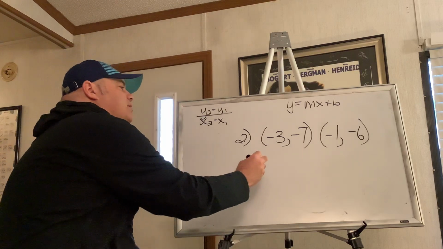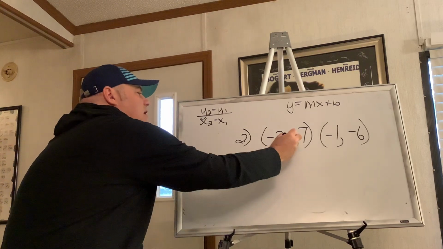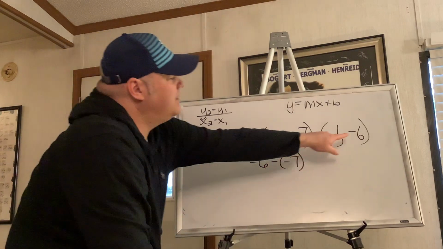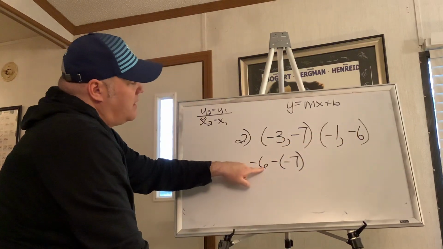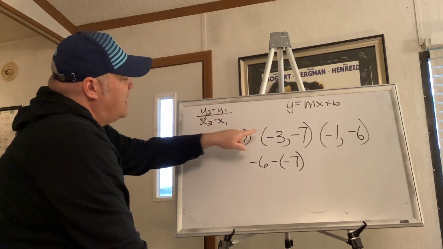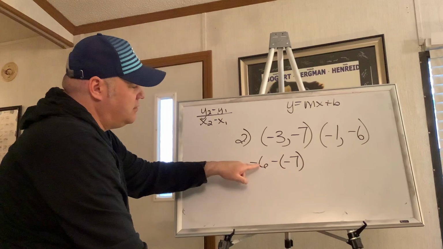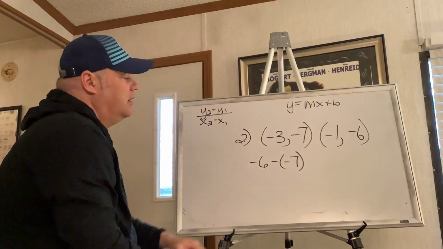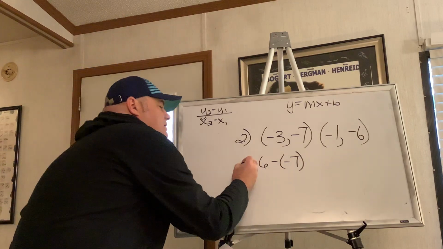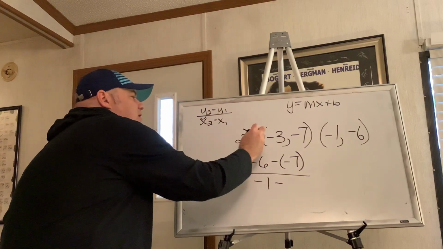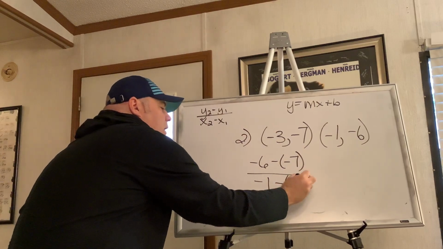So y2 minus y1 is negative 6 minus negative 7, okay? So that's y2, negative 6, minus, it's always minus, and then you plug in exactly what y1 is, and that's negative 7. So you end up with a double sign here, okay? And then x2, negative 1, minus, always a minus, and then x1, negative 3.